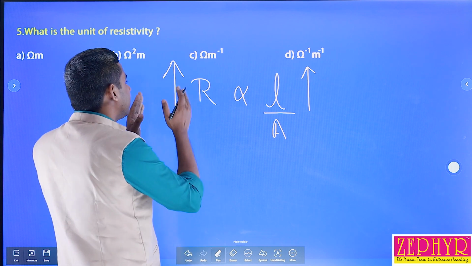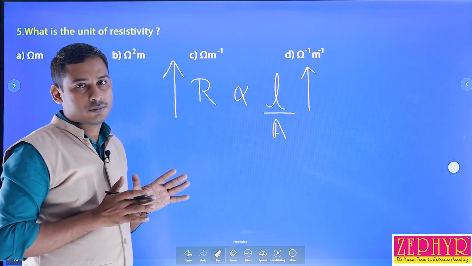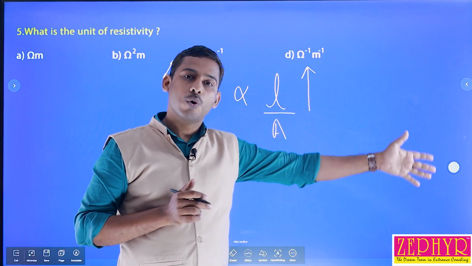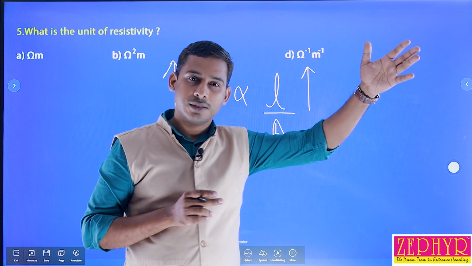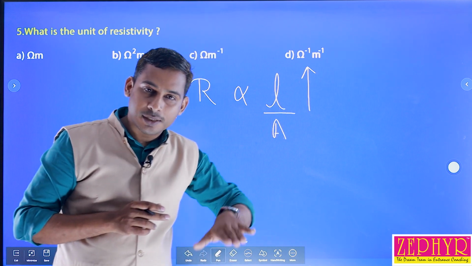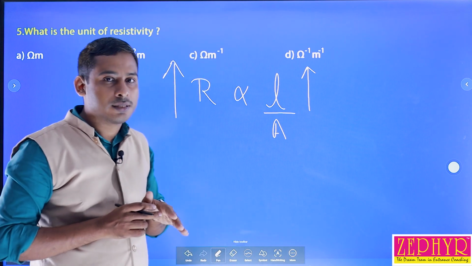That means resistance and length are directly proportional. If the length is decreased, the resistance also will decrease.